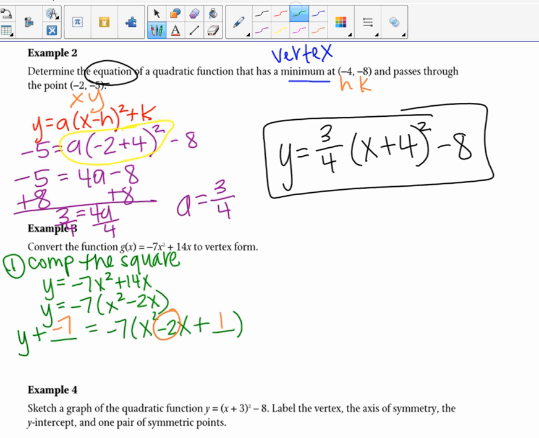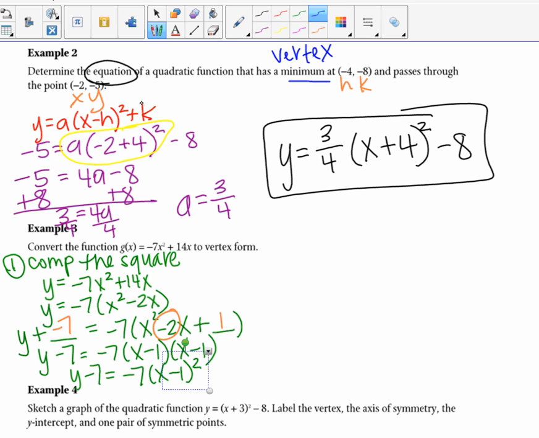So we end up with y minus 7 equals -7 times, this whole thing condenses. Remember, that's really x minus 1 times x minus 1. So you have y minus 7 equals -7 times x minus 1 squared. Well, if you think about what standard form looks like, which we did up here in red, we have our a part right here.